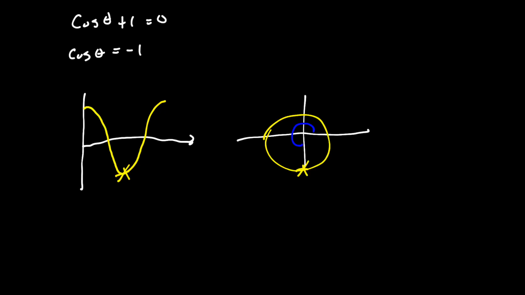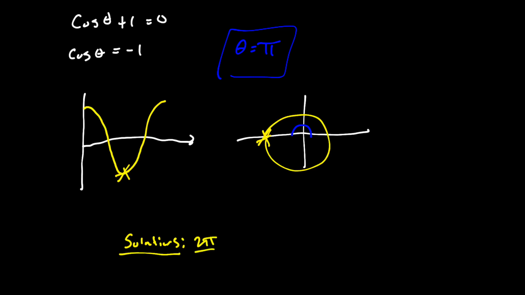Oops, sorry, that's sine. We want cosine. Therefore, this theta angle here is going to be equal to pi. So our solutions to our original equation are given by three different numbers: 2 pi divided by 3, 4 pi divided by 3, and also pi.